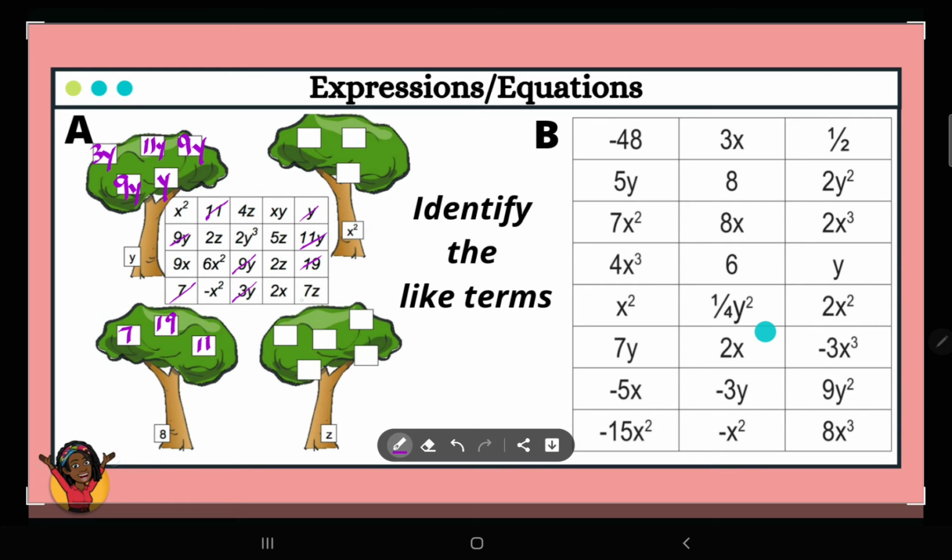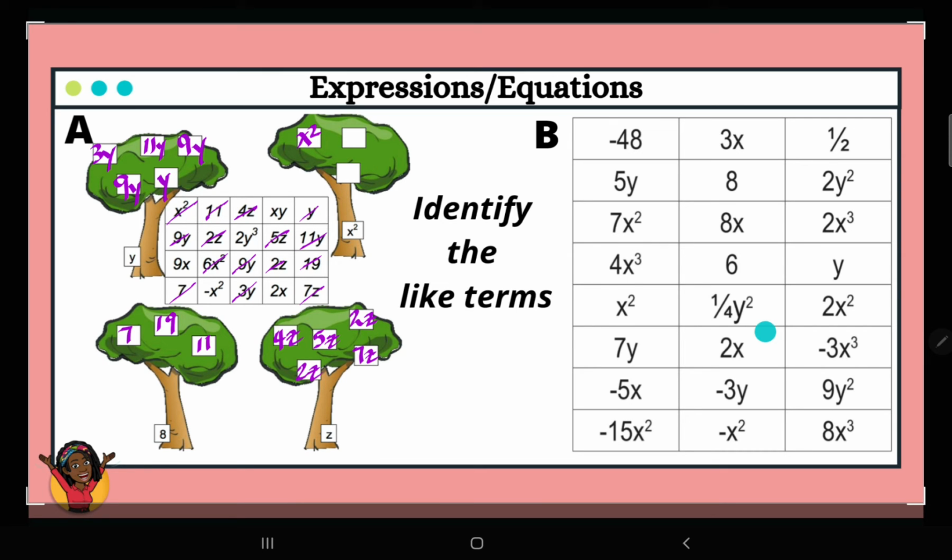For z, I see 7z, I see 2z, I see 5z, I see another 2z, and I see 4z. Okay. Now for x squared, I see x squared here.